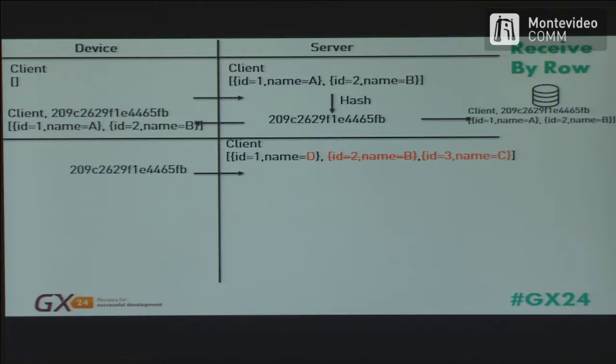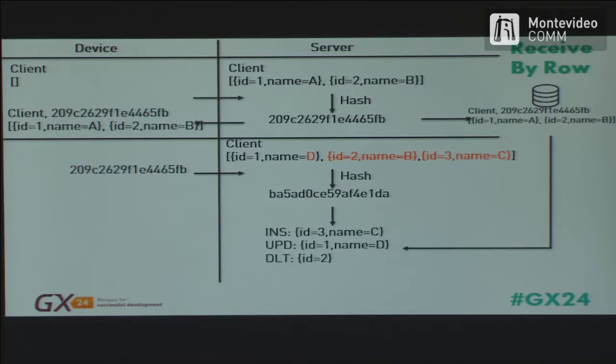Since it already had data, this time it sends a hash for the data set that it had from the previous synchronization. It recalculates a hash in order to be able to compare. Obviously, there's a difference. And with the present information plus the information that had been stored for that data set, it calculates the differences.